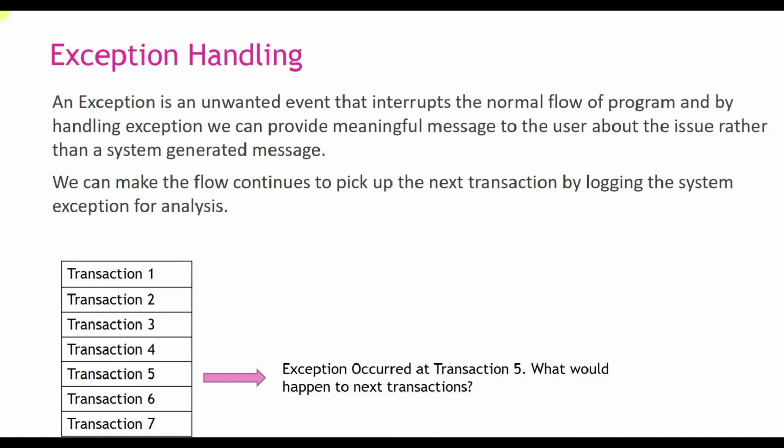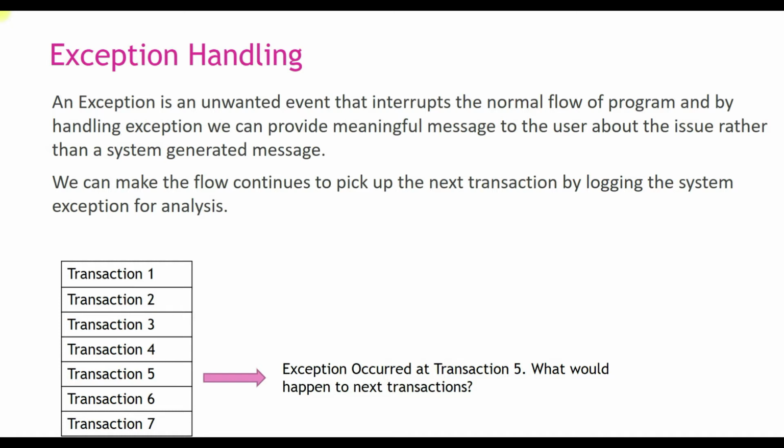For example, some selector has become invalid in a page, that is, the bot is not able to identify the selector. Then it will throw messages like cannot identify selector and the attributes of the selector. Obviously the user will not know anything about it. Instead of that, you can give a meaningful message to the user saying the bot is not able to interact with this particular page. Like that you can give a meaningful message.